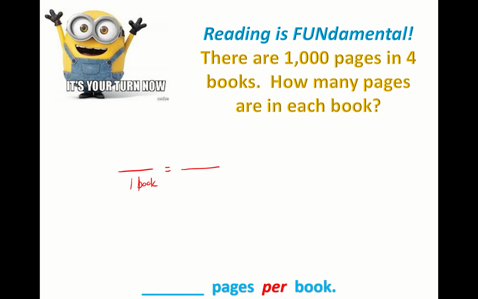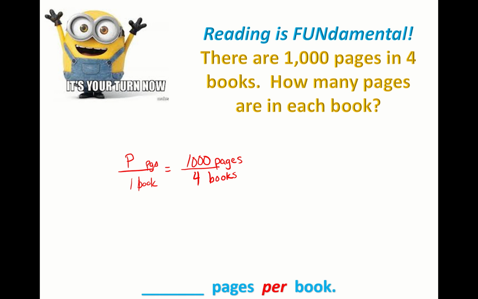So this up here is going to be for my pages. So in order to find that out, I'm going to use P for pages. And I have to put in my 1,000 pages and compare that to 4 books.